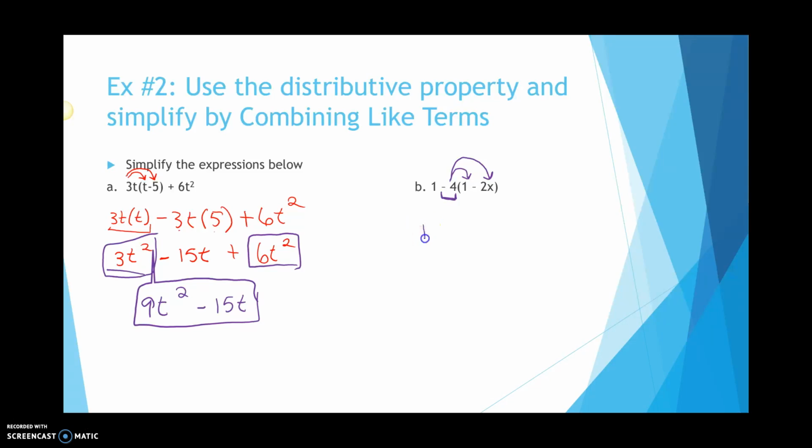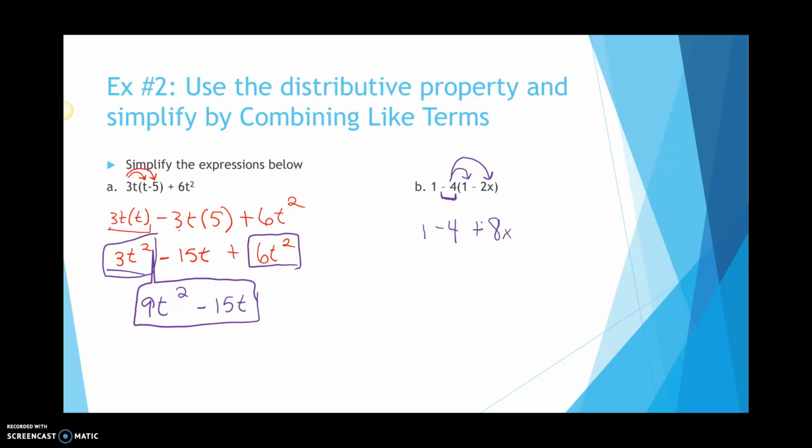Let's bring down the 1, and then negative 4 times 1 gives me a negative 4. Negative 4 times negative 2x: negative times negative is positive, so that's a positive 8x, because 4 times 2 is 8, and then we have x. So 1 minus 4 plus 8x.